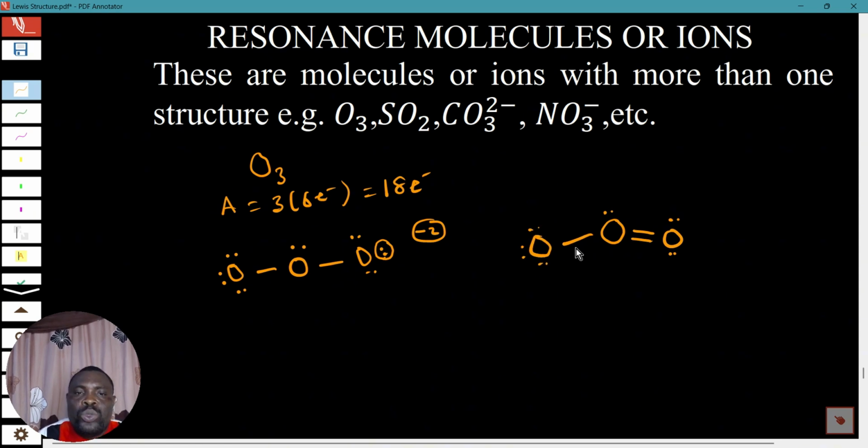Now we can also do that for the second oxygen atom. Instead of using the oxygen at the right hand, let's use the oxygen at the left hand. We can also have something like this, where the 2 electrons remaining are contributed by the oxygen at the left hand. So ozone has 2 structures. It can be this or this, meaning that ozone has more than 1 structure. As a result, ozone is a resonant molecule.